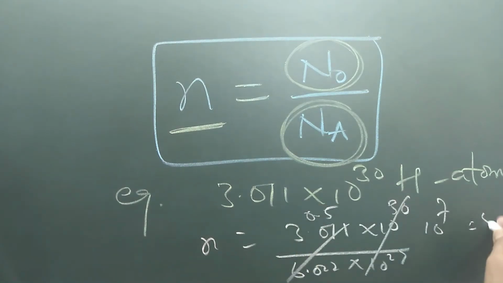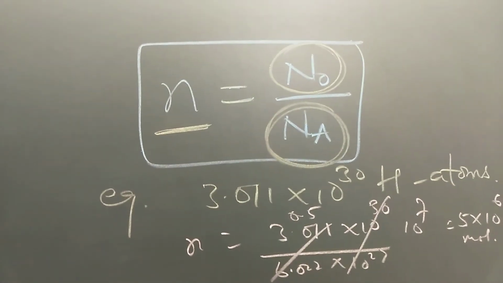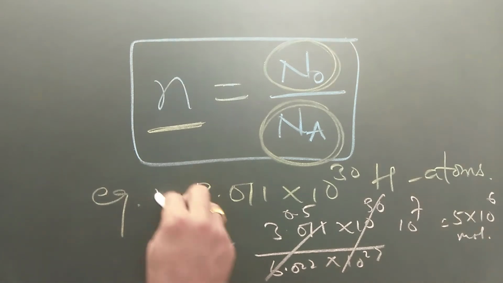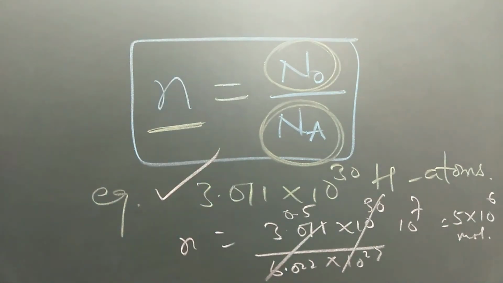So it is 5 into 10 to the power 6 moles of hydrogen atoms. This way we can find the number of moles: 5 into 10 to the power 6 moles of hydrogen is present when the number of hydrogen atoms is 3.011 into 10 to the power 30.